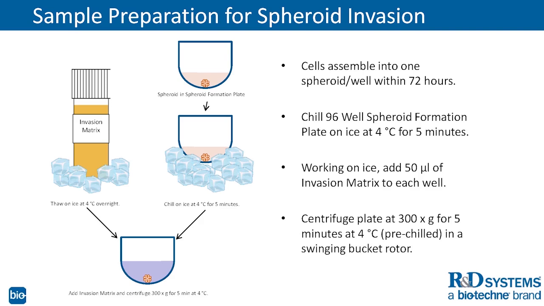And what this does, first of all, keeping everything cold gives the spheroid formation ECM and the invasion matrix time to fully mix and become homogeneous. Also, the centrifugation helps to embed these spheroids and place them in the center towards the bottom of the well, where they're best placed for viewing and analysis.